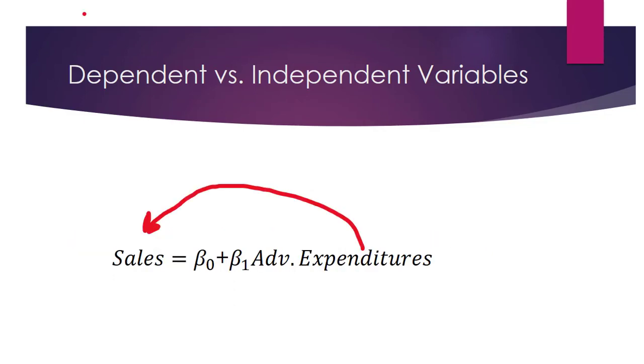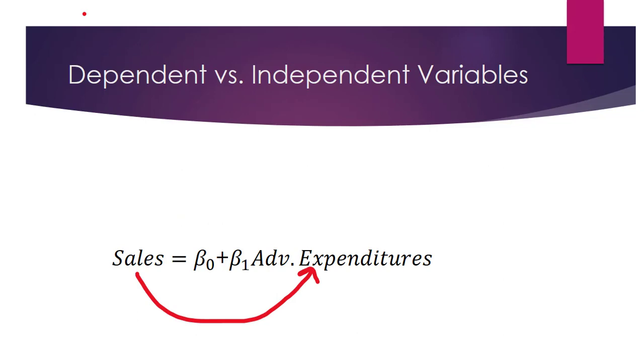Okay, let's try to figure this out for our sales and advertising expenditures example. Now, is it plausible for causality to run from advertising to sales? Well, it seems to make sense, right? The more money spent on advertising, the higher the expected sales. Let's see if causality runs the other way.